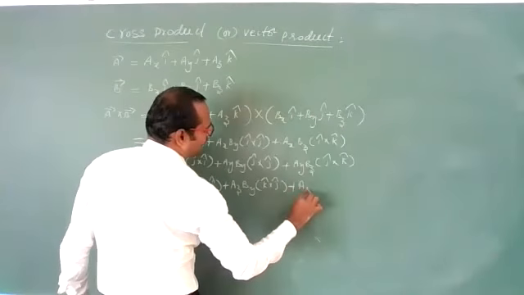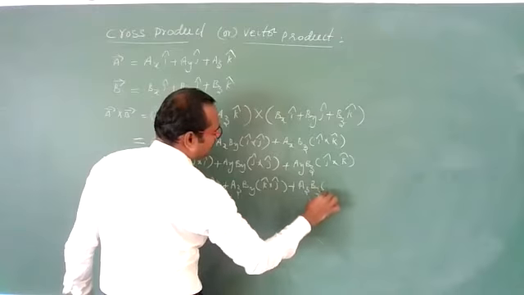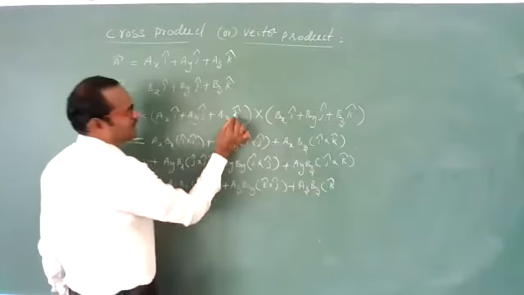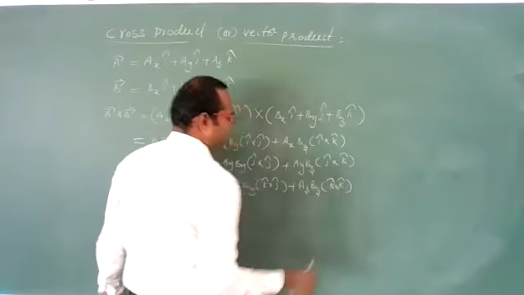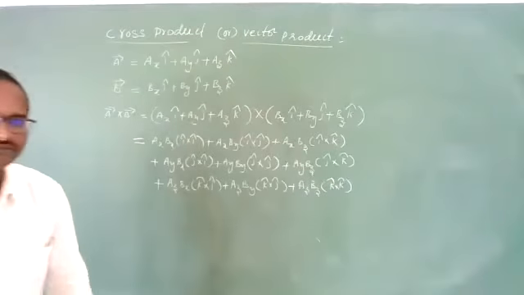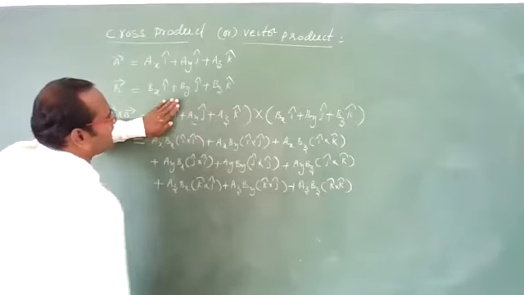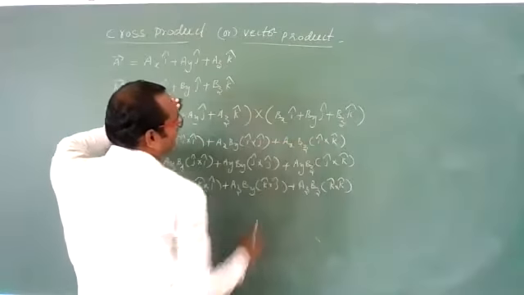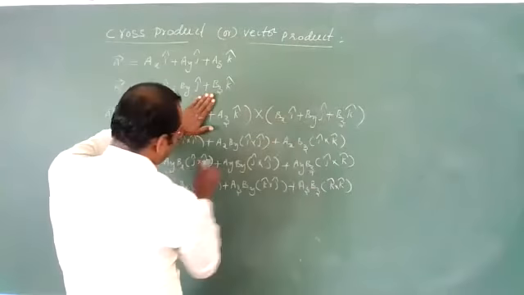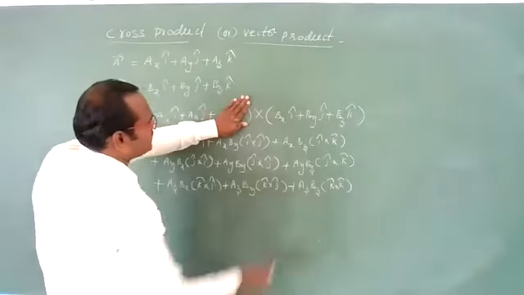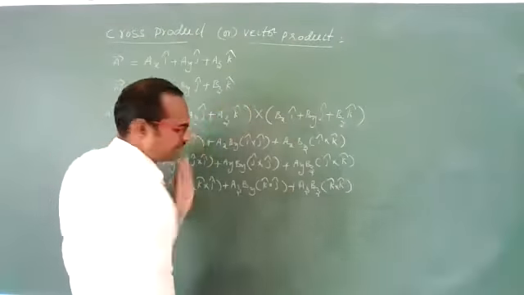Plus Az into Bz K cap, Az is along K cap, Bz is also along K cap, cross product. Yes, finished. I have written everything. What I have done with Ax I cap, I did cross multiplication with all of these. Next with Ay also with these three, with Az also with these three cross multiplication I have done.